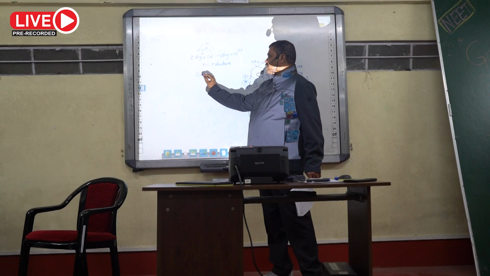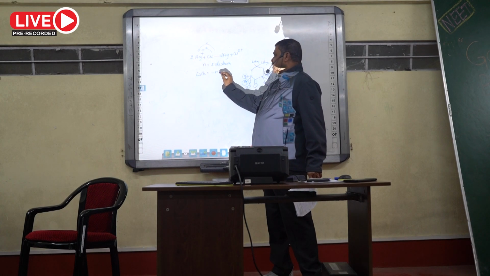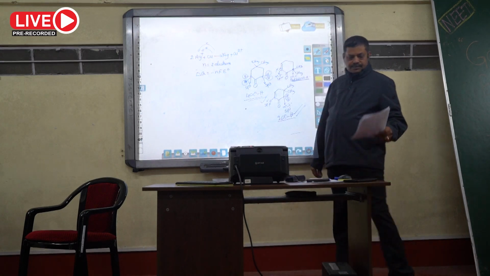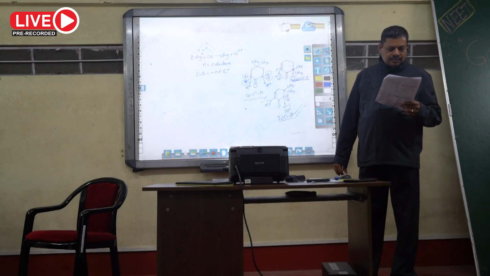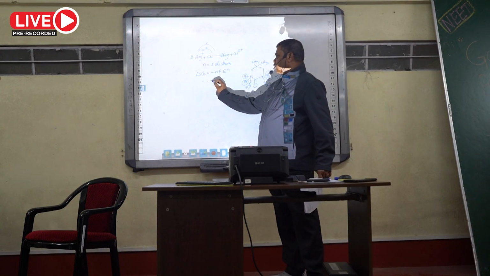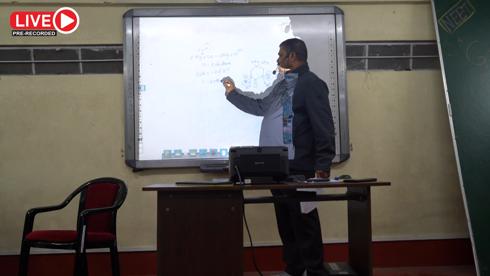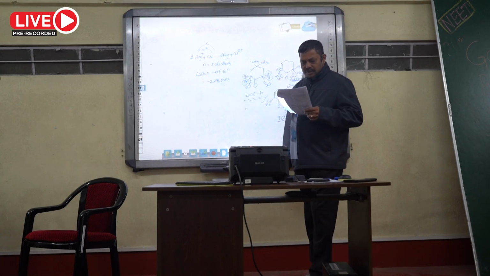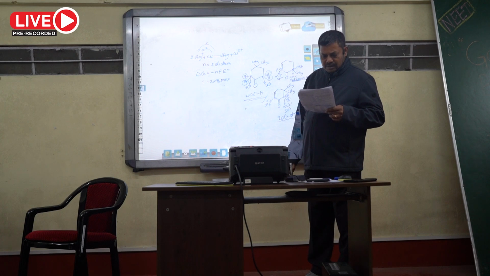So delta G is equal to minus nFE naught. So direct substitution: minus 2 into 96,500 into E naught value. How much is that?